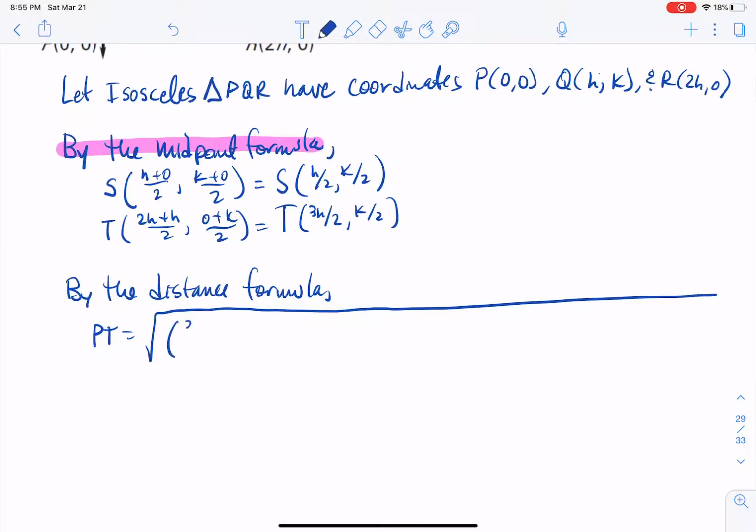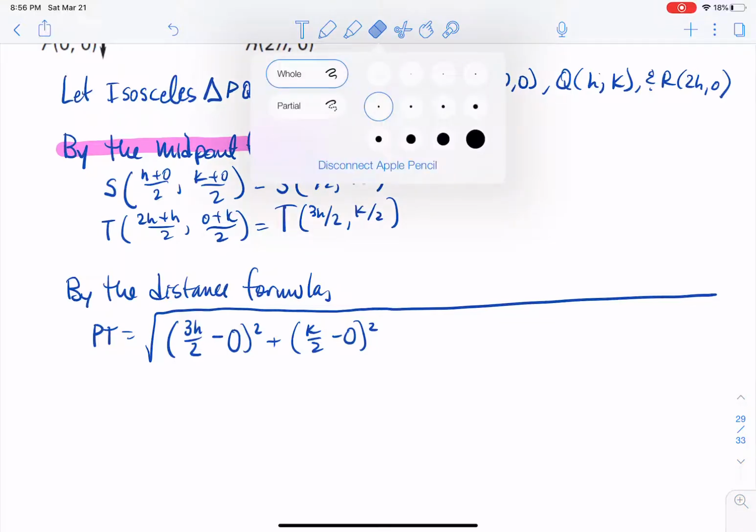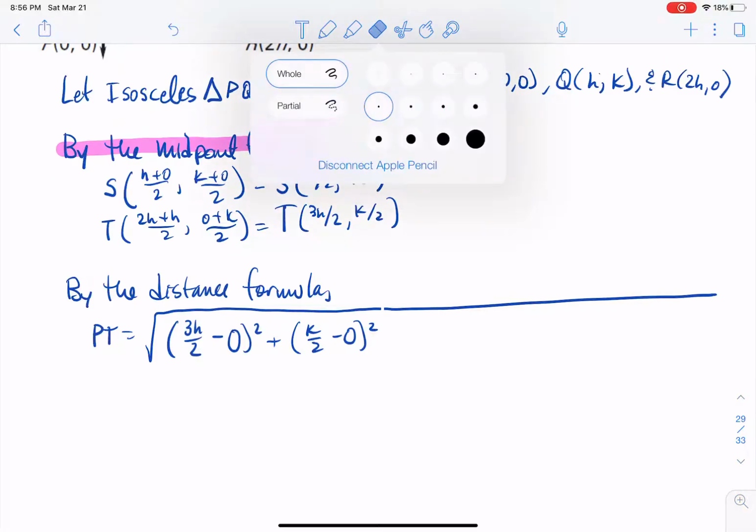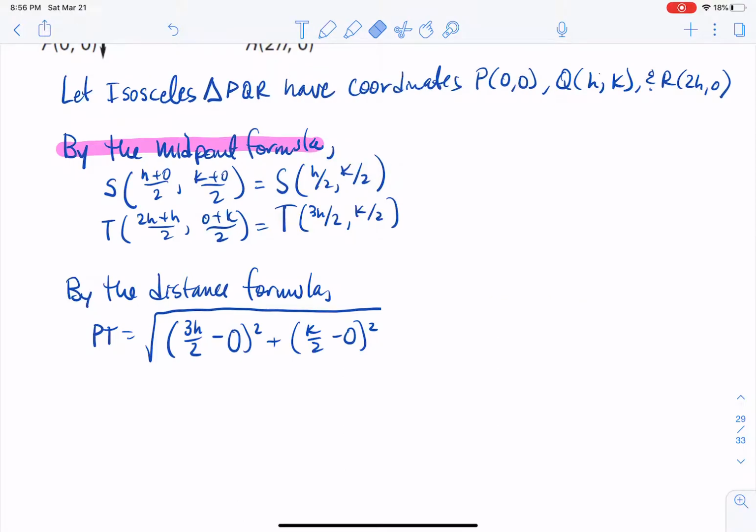So I've got 3H over 2 minus 0, which we're squaring, plus K over 2 minus 0, which we're also squaring. I made it just a little bit too long. That's okay, I can fix that. All right, so now we want to simplify it.